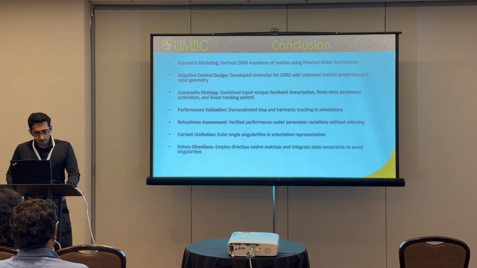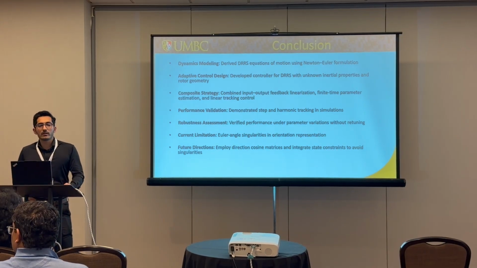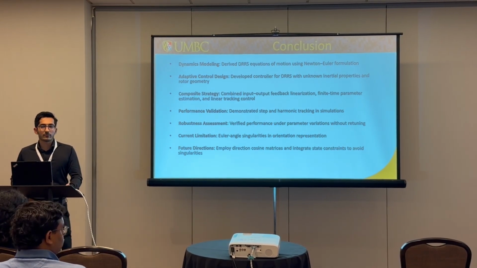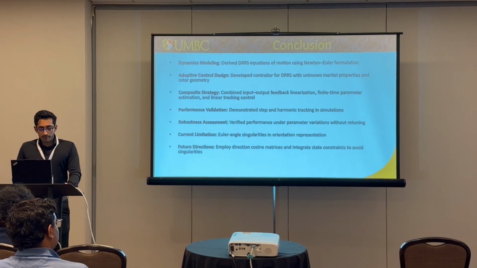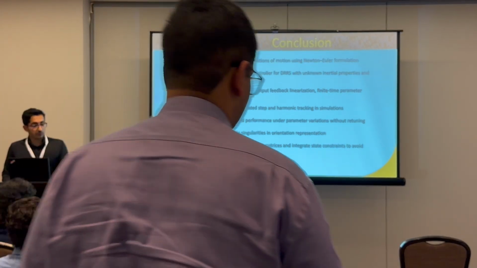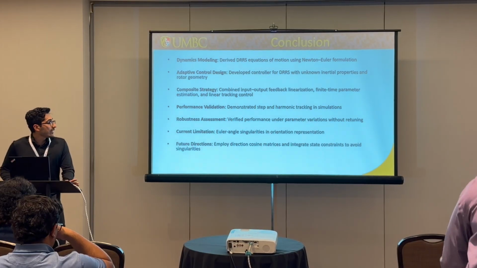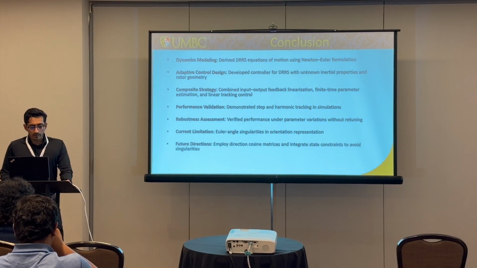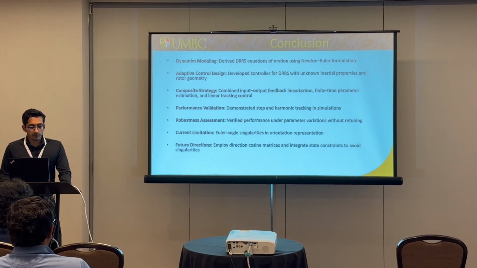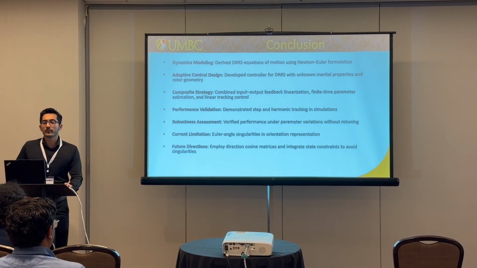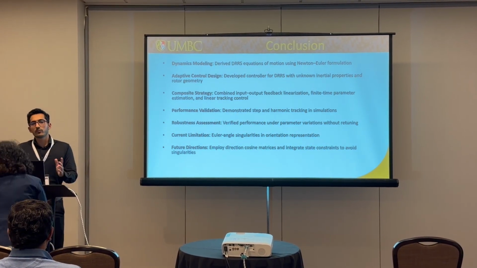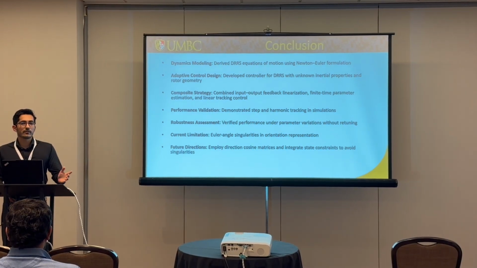We also did some robustness assessments to see how robust the controller is to variations in unknown parameters. A limitation of the work is that we represent the attitude with Euler angles, which has singularities. In our future work, we want to use other attitude representations, and finally design the 2-degree of freedom rotational system to work as a test bed for undergrad control courses.